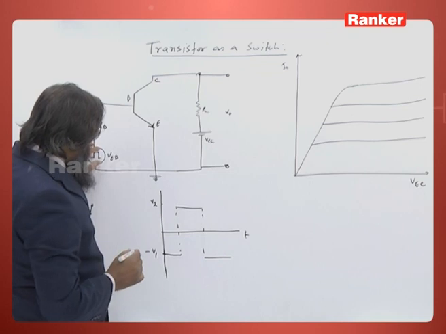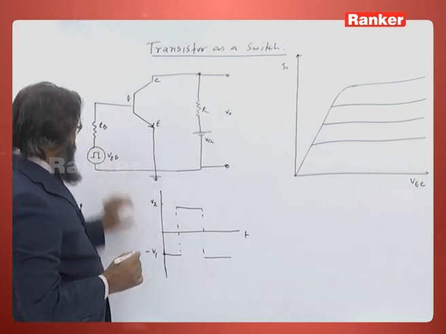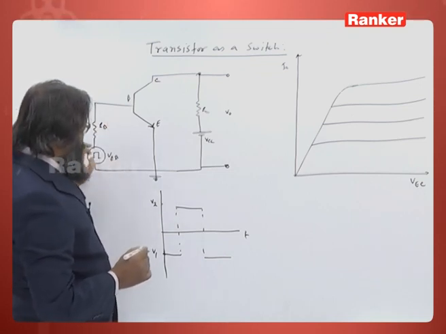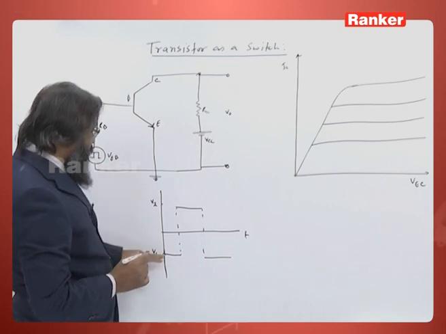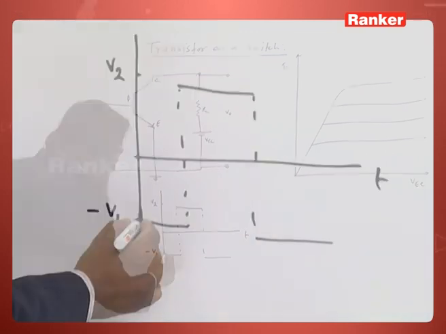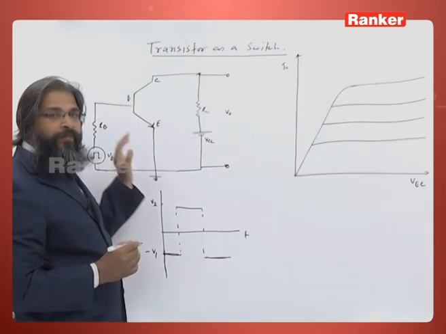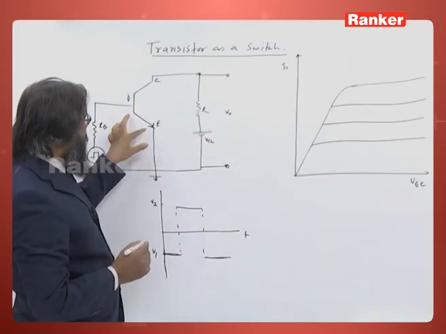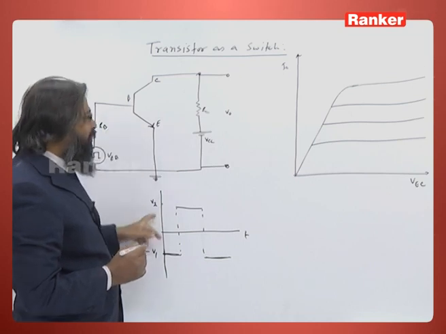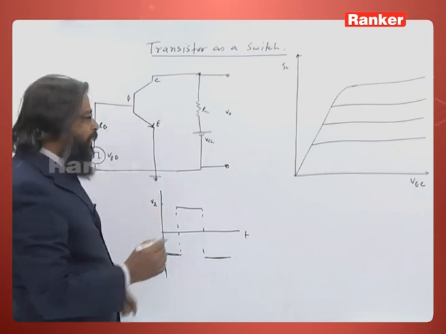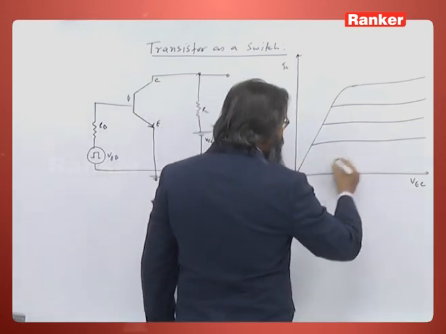So, when I apply a negative voltage here, that means at this level here and here, this system is reverse biased. That means this is reverse bias and the system is in cutoff mode. Cutoff mode means here we are in this region.